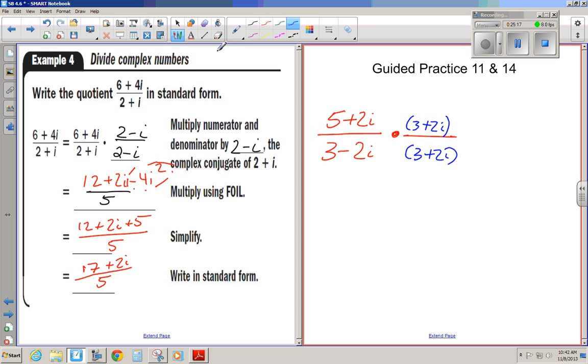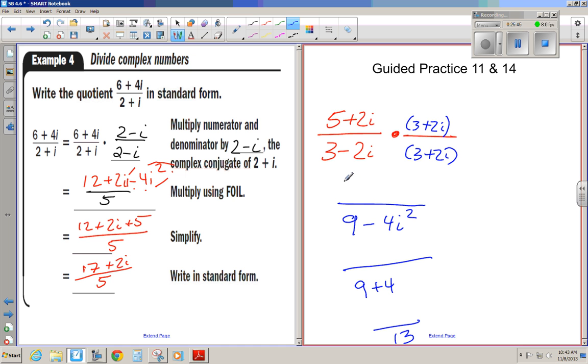It gets rid of OI, and you just do FL. So you end up with, in the denominator, 9 minus 4i squared. Now, remember, i squared, change the sign, get rid of the i squared part. So it's 9 plus 4. You end up with 13 as your denominator. Much nicer than the 3 minus 2i.